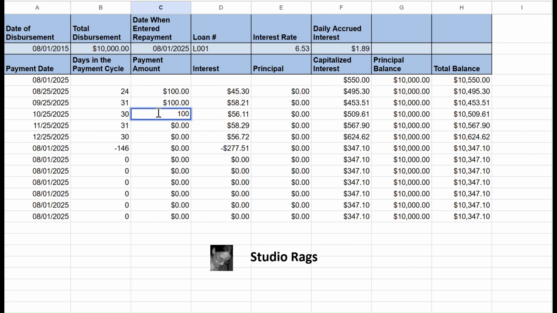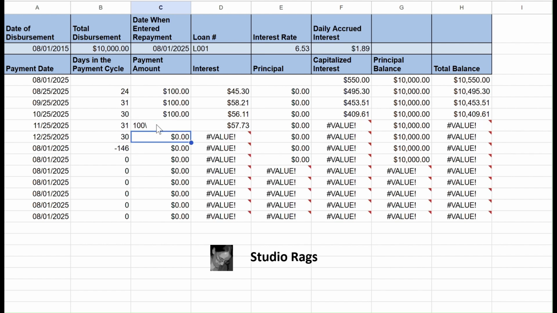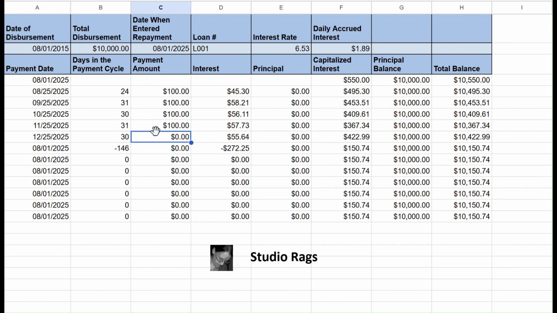And let's assume $100 payment. If I can type this correctly. $100 payment. And you have to make sure that you fill these in correctly, otherwise it's going to mess up the formula.